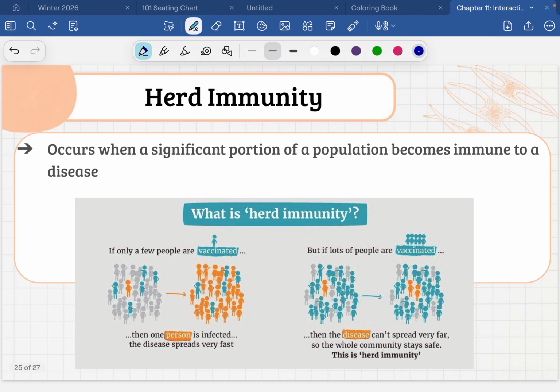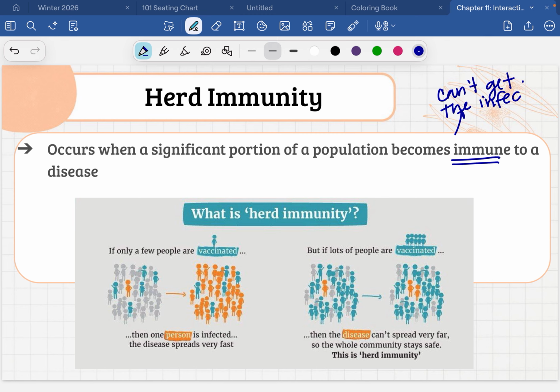Okay. And then the next part of epidemiology, and the last thing we'll talk about in epidemiology, is something called herd immunity. And herd immunity occurs when a significant portion of a population becomes immune to a disease. And why that's important, we'll talk more about in a second. But what do we mean by becomes immune? Well, immune means that typically you can't get the infection.